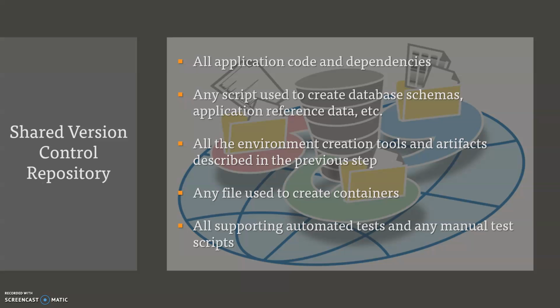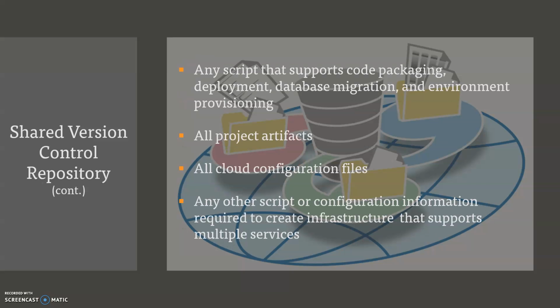So what we want in version control is basically everything that is going to affect our environment. That goes for all application code and dependencies that developers are working on, any script used to create the database, all environment creation tools and artifacts described earlier, any files used to create containers, and all supporting automated test and manual test scripts, such as unit tests and smoke tests.